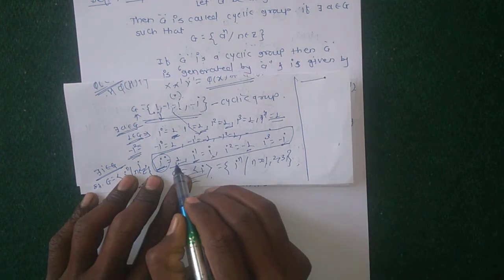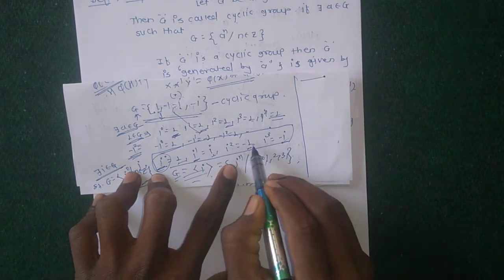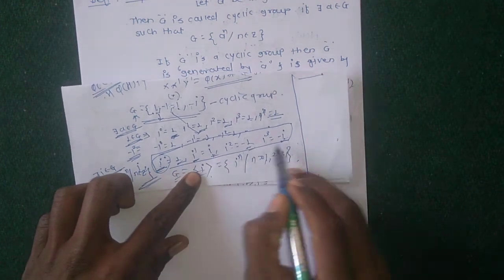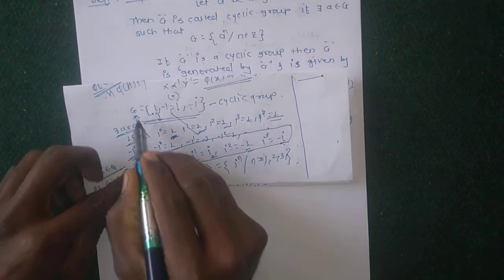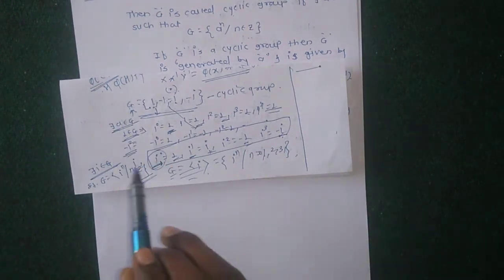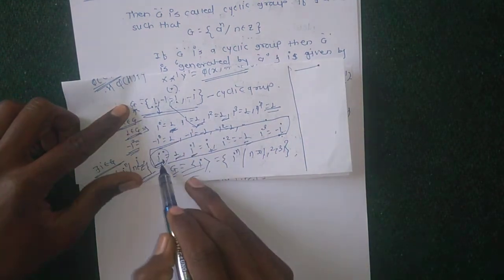Here i raised to 0 equals 1, i raised to 1 equals i, i square equals -1, and i cube equals -i. These are all elements of G, which means i is a generator of G, or G is generated by i.